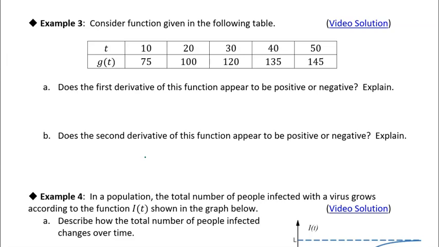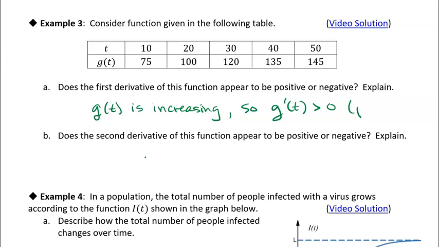Because g of t is increasing, we would expect g prime of t to be positive, greater than 0.